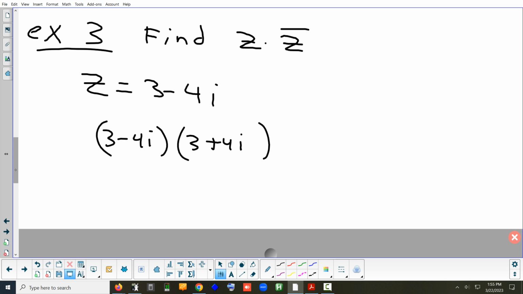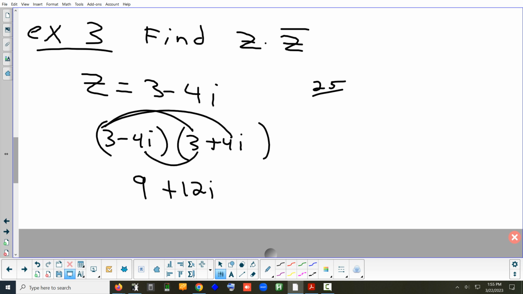Let's just FOIL it out the long way, and we'll see what happens. Okay, what's 3 times 3? 9. Don't forget the answer I said. Just keep that in the back of your head. So 3 times 3 is 9. What's 3 times 4i? 12i. That means negative 12i.